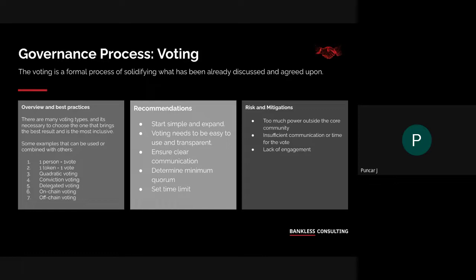Which is related to the other: our community needs to know how the voting works to not be confused. It needs to be well communicated. Another good practice is that if the proposal doesn't get at least a minimal amount of votes, it should not go through.